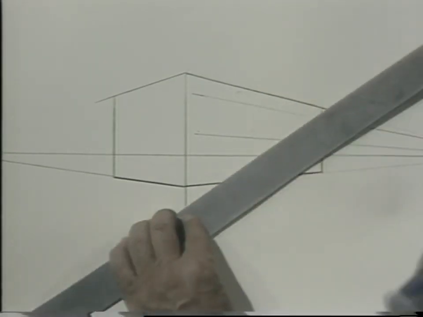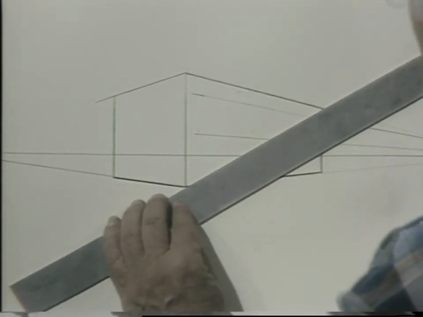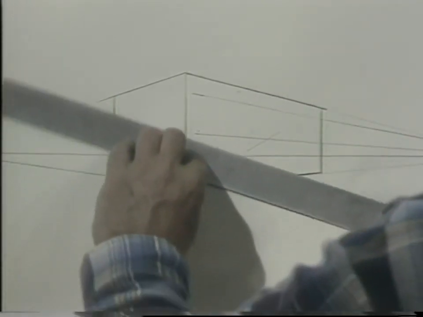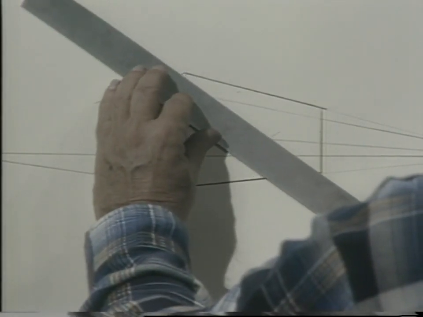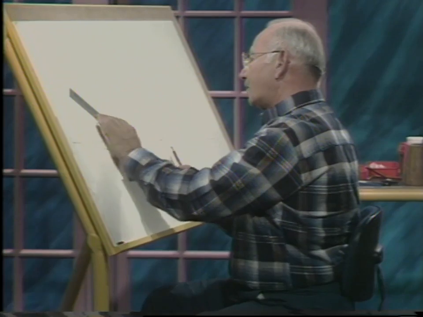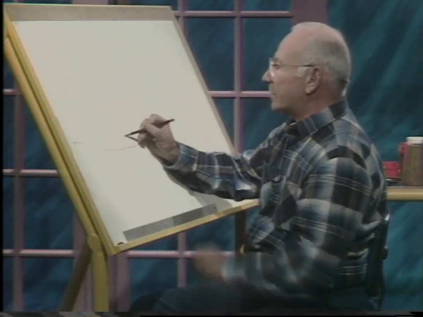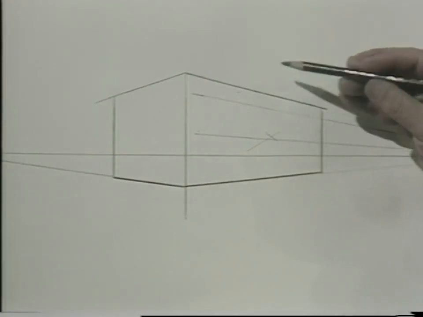Now to find perspective center, we draw diagonal lines between the corners. And where they cross is perspective center. So if I like to put 2 or 3 windows in here, here is perspective center on this side here.